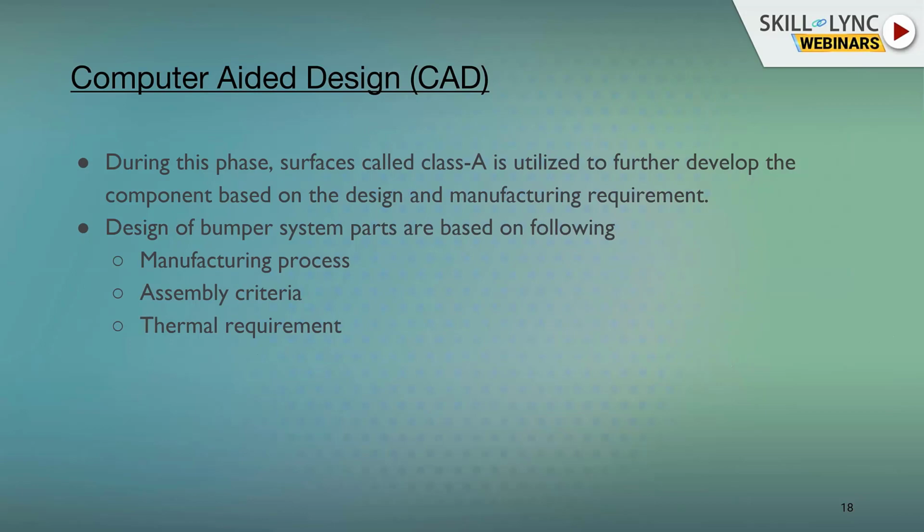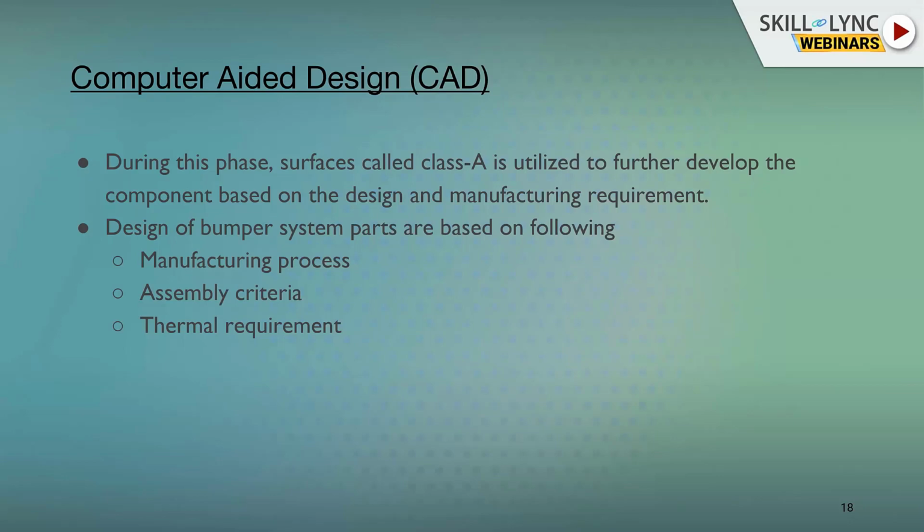While designing those systems, the following criteria are kept in mind: what manufacturing process the part would be manufactured by, and what the assembly criteria are, like how all the parts would be assembled together, and what the thermal requirements are. If the part is in the front fascia, there's not much heat involved, whereas if it is a rear fascia, like the rear bumper system, then there will be much heat coming out of the muffler, and it will be exposed to heat.